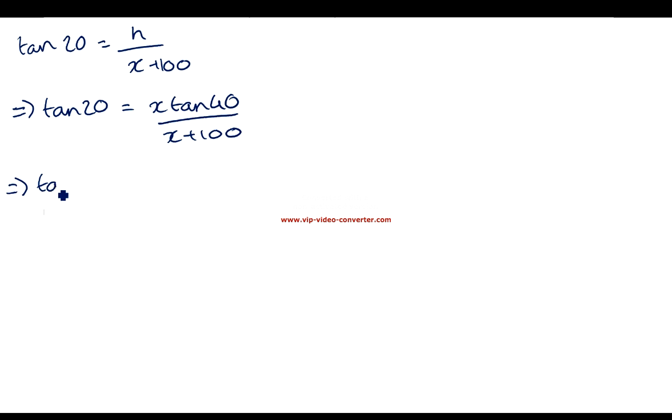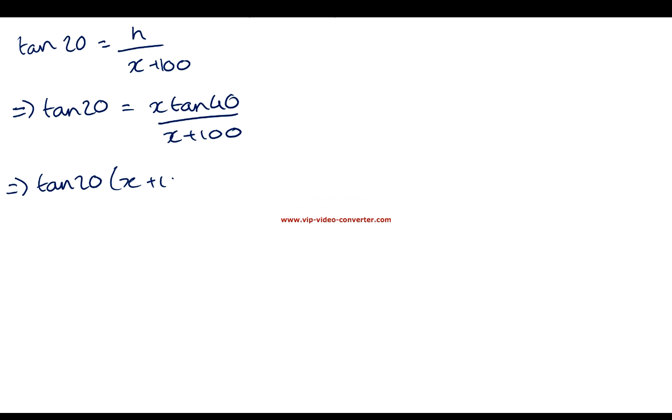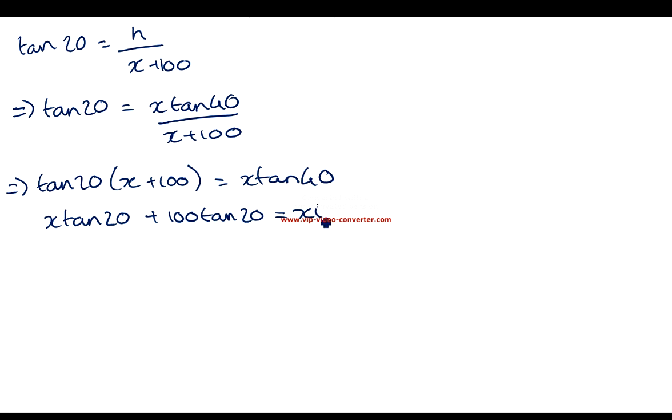You will get tan of 20 by x plus 100 equals x tan of 40. Multiply out the brackets: x tan 20 plus 100 tan 20 equals x tan of 40. And because we're tight on time, I'm going to speed this on ahead.